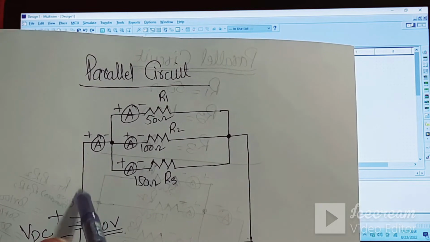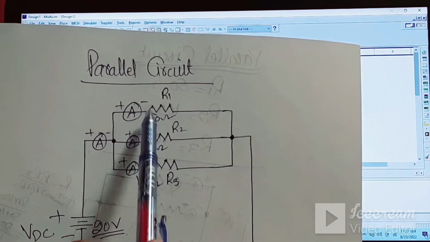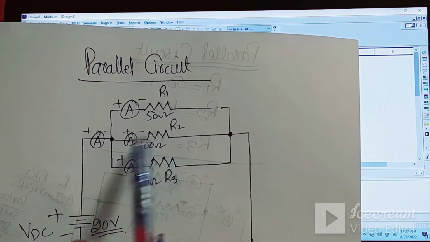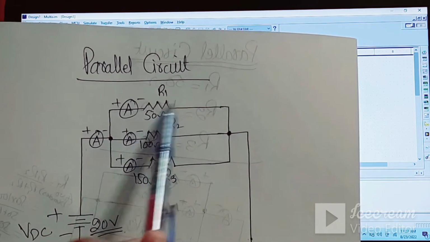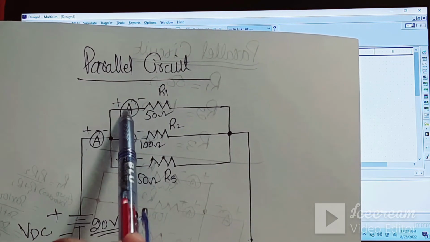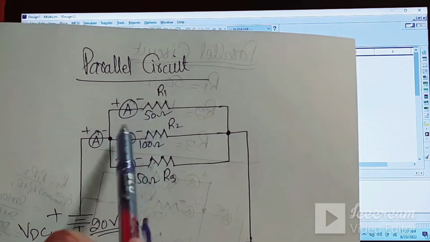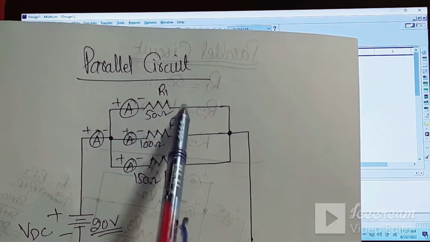So here if we place the ammeter over here, this will give us the total current flowing through the circuit, and in the parallel circuit the current is divided among the several paths. Here there are 3 paths, so if we place 3 ammeters, this will give us the individual value of the current in each path. This ammeter will give us the current flowing through the R1 branch.